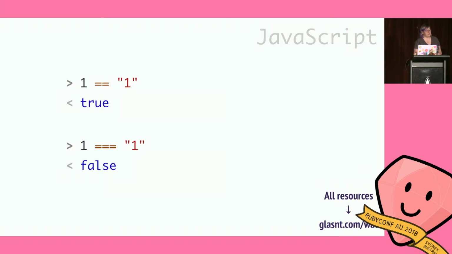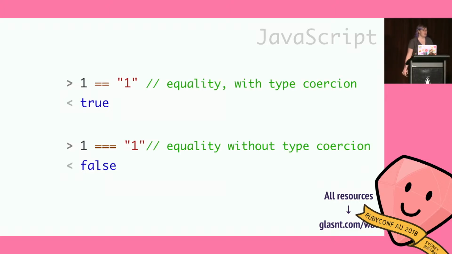In this example, this is one of many examples in JavaScript of backwards compatibility having to be a thing. The first one, double equals, is equality with type coercion. So it's assuming that you know what you're doing in your types. If you wanted them to match, they match, but if not, that's okay, we'll match them for you. The triple equals came later because actually doing actual equality is actually important, actually.